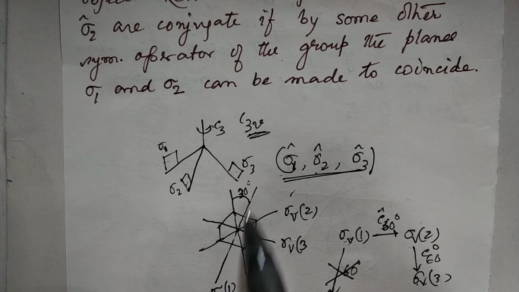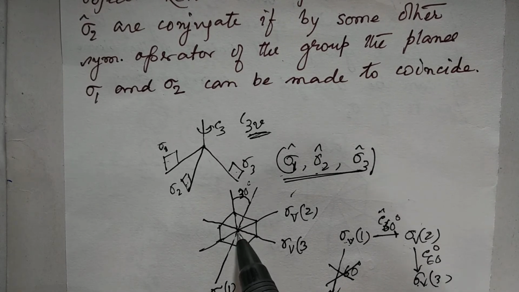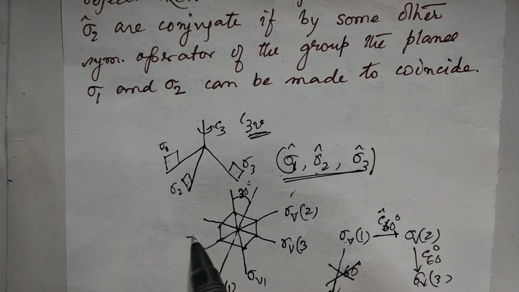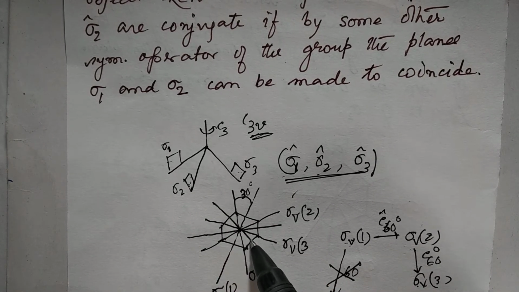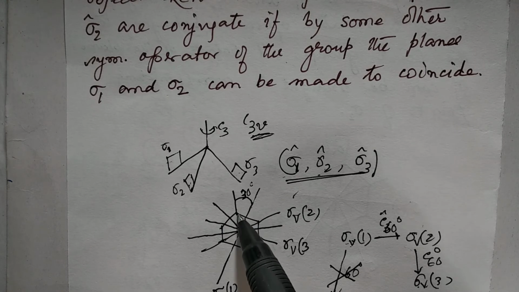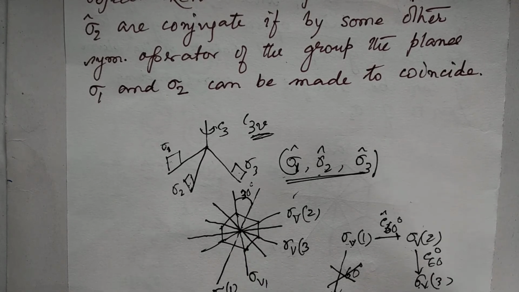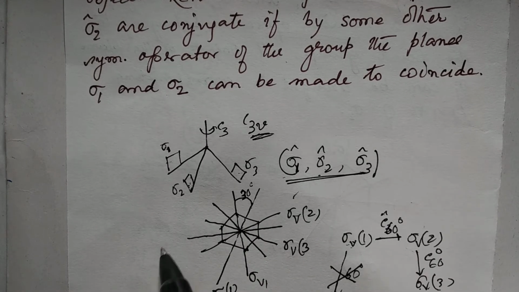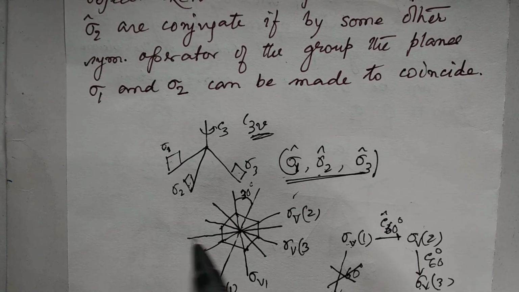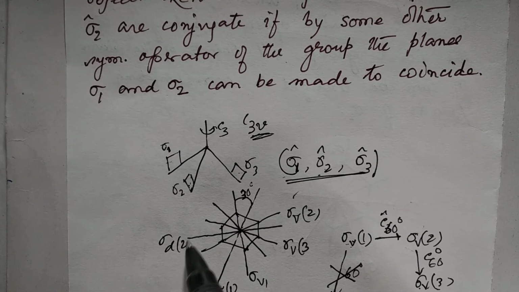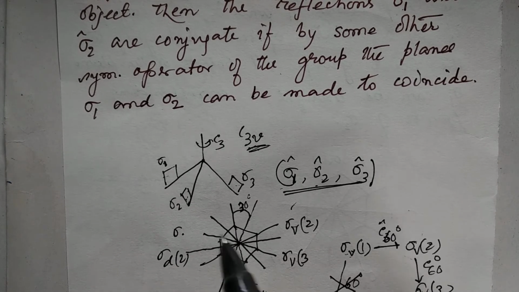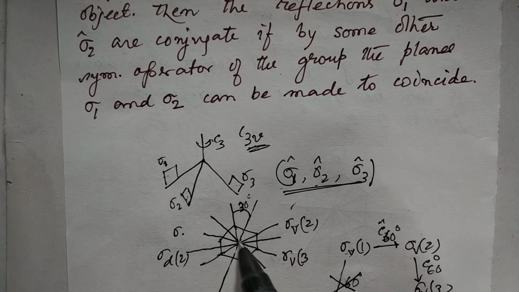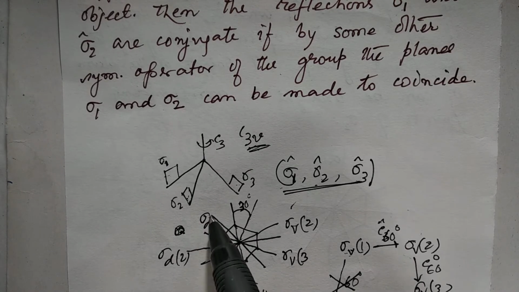However, there are two other sigma D planes. One is this, another is this, and another is this, cutting the midpoints of the edges. This is sigma D1, this is sigma D2, and this is sigma D3.